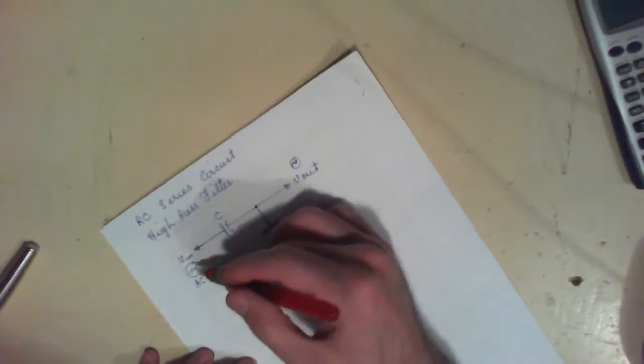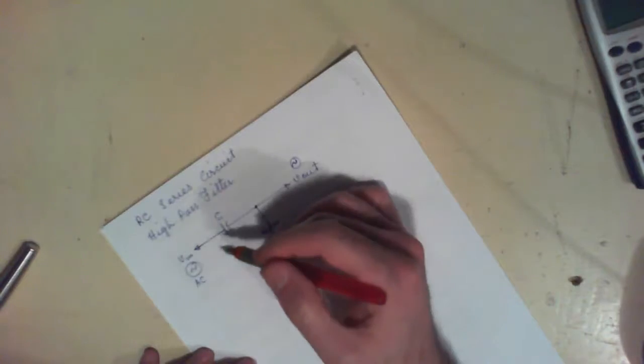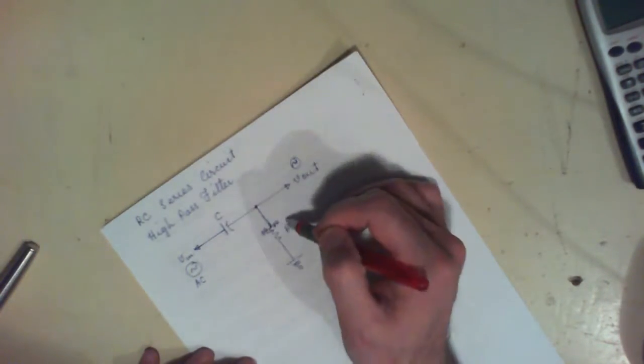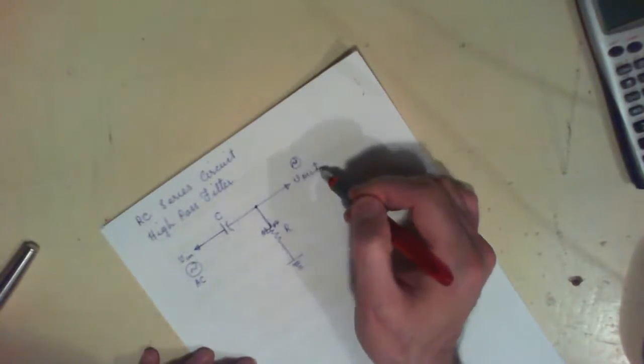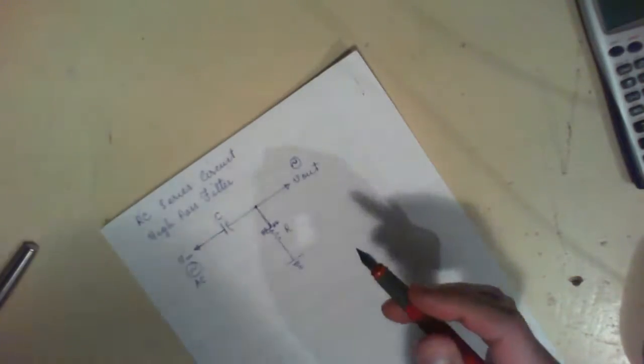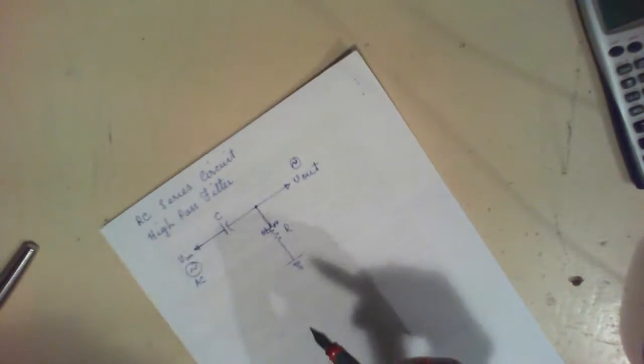But usually, based on the frequency and the value of your capacitor and resistor, this output voltage is going to be smaller in magnitude than the input voltage over here.